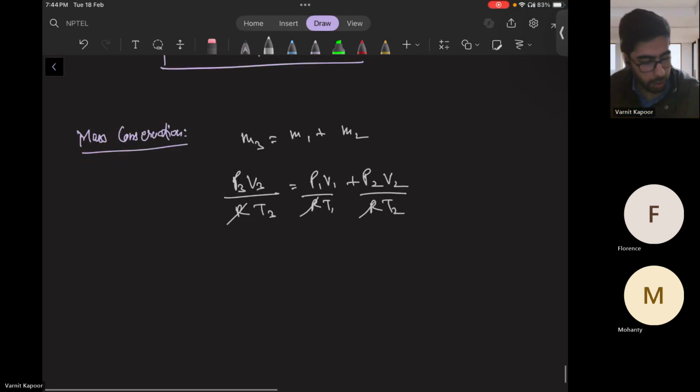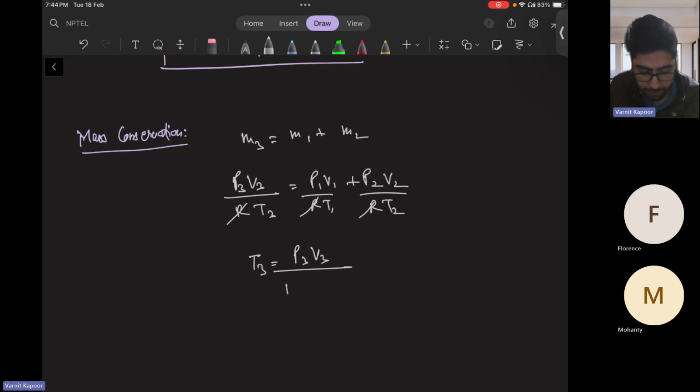So what is T3? You have to get it out of this. The T3 is P3 V3 by P1 V1 by T1 plus P2 V2 by T2.